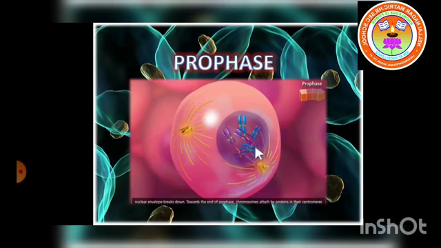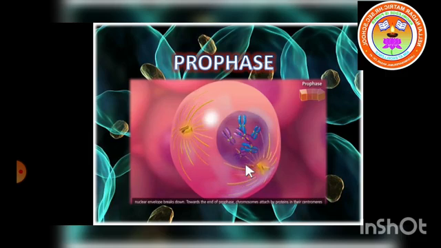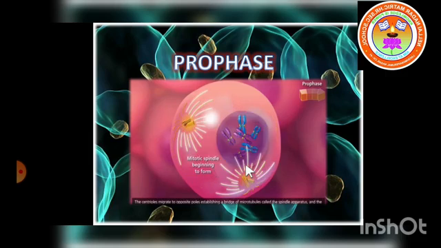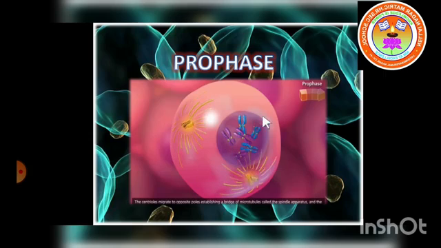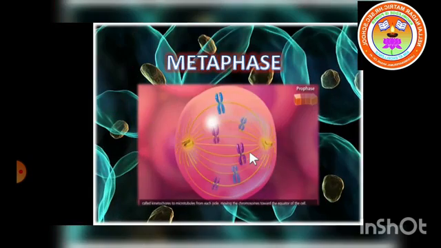The yellow color lines are called the aster rays. The spindle fibers appear between two centrioles. Here the nuclear membrane and the nucleolus disappear gradually. So this is the prophase. Next we will see what is metaphase.